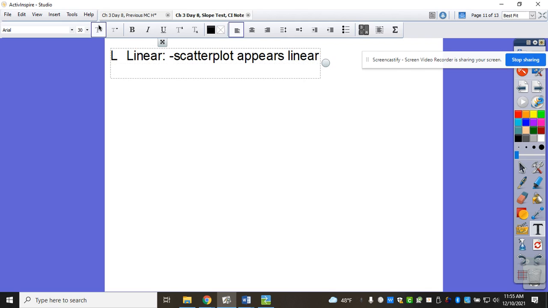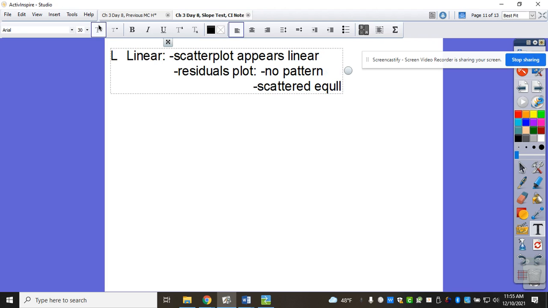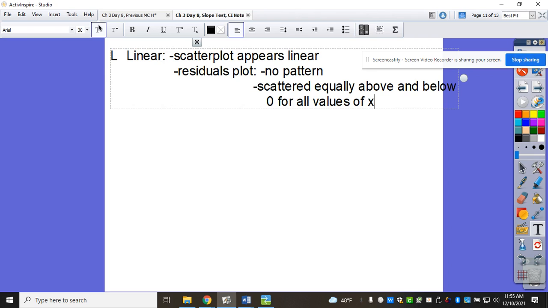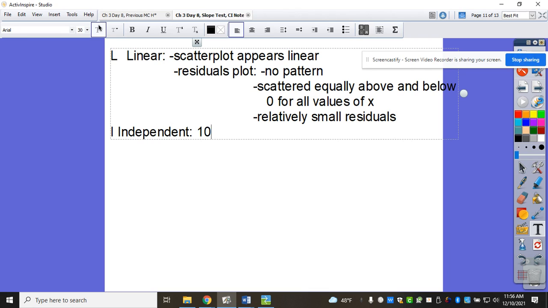And also, I, which is independent, 10% condition.